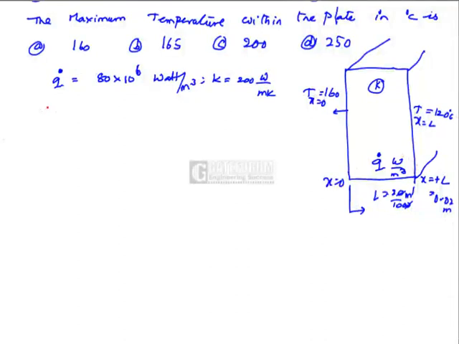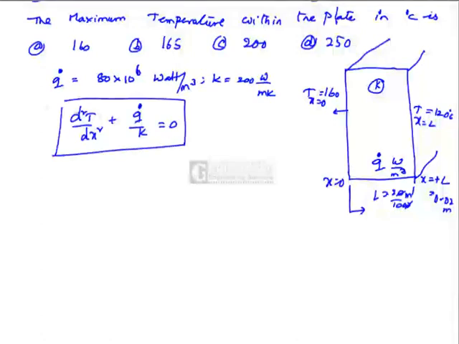Writing the differential equation, we get d square T by dx square plus q dot by k is equal to 0, assuming one-dimensional steady state with heat generation.